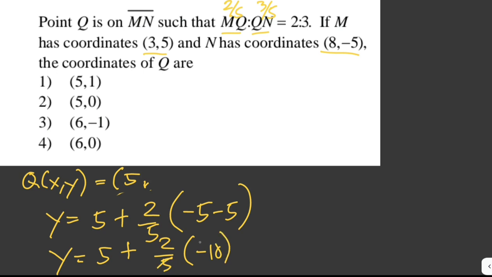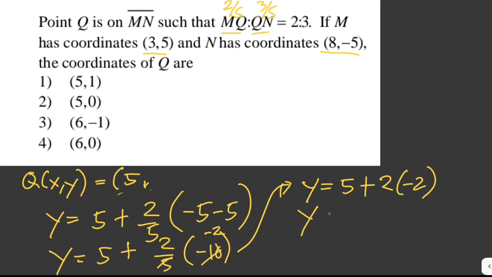And this cancels out. -10 divided by 5 is just -2. So this is just y equals 5 plus 2 times -2. So y equals 5 minus 4. So y is equal to 1. Therefore, the coordinates of Q are (5, 1), and the answer here is 1.